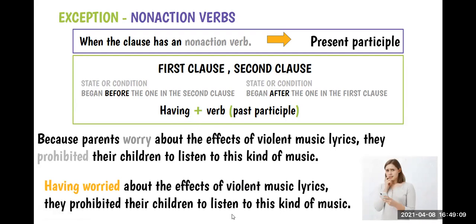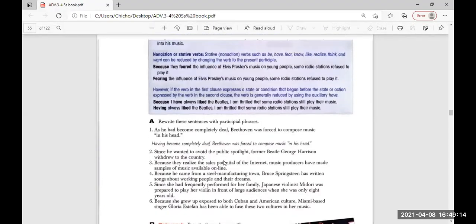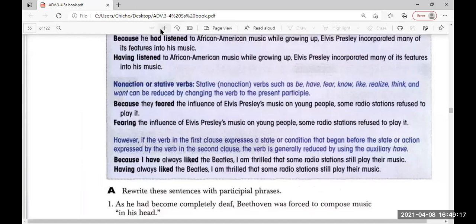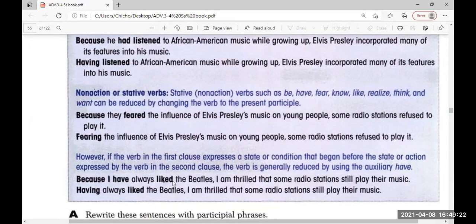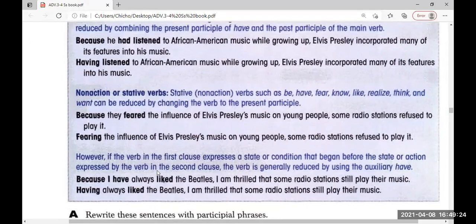Let's see the example that you have here in your book. As you know, like is a non-action verb, right? But this is something that happened first, before this action that we have here. Okay, it says, because I have always liked the Beatles, I am thrilled that some radio stations still play their music.